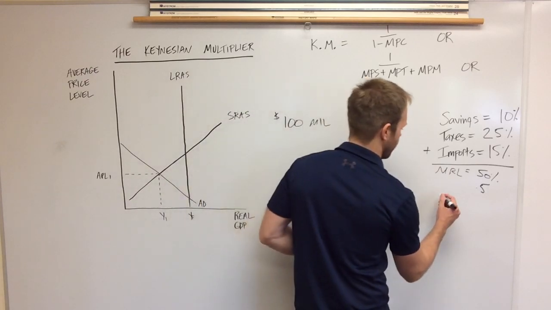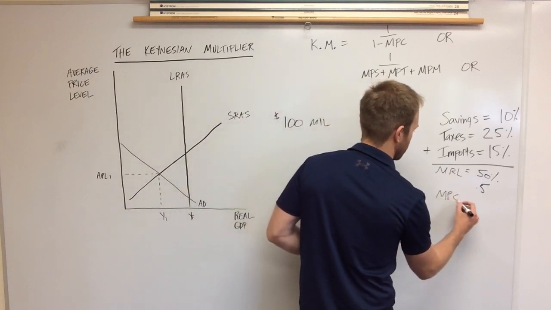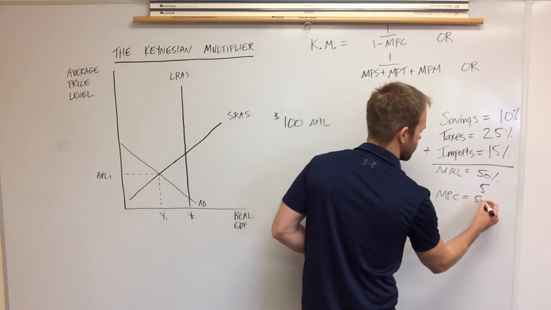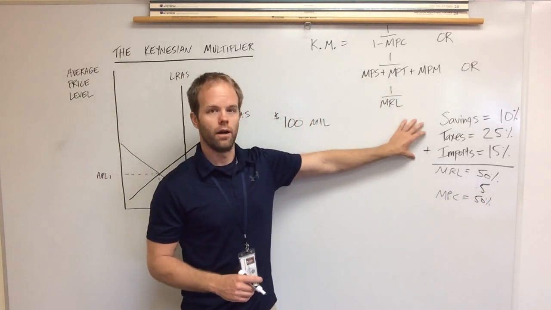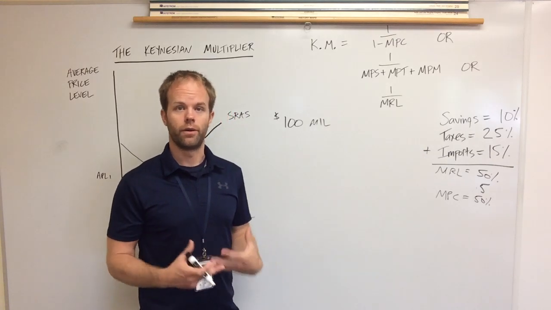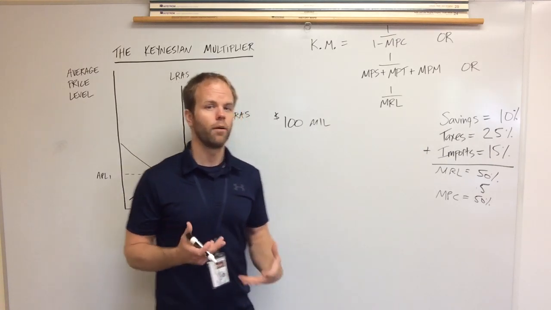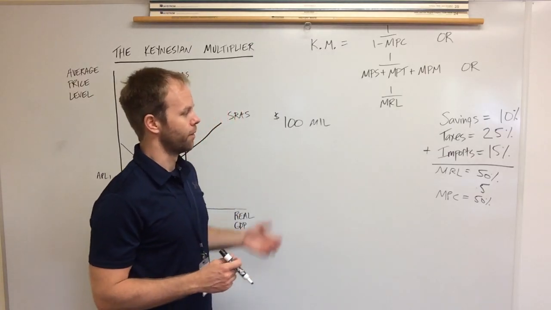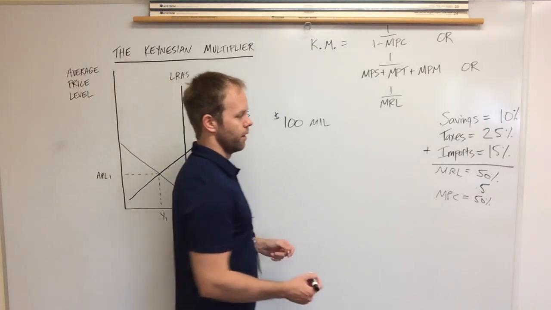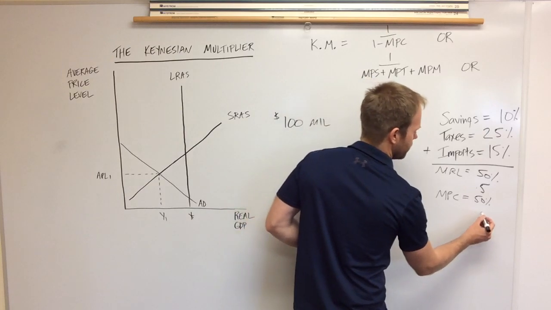So in this case, the MPC is also 50%. Obviously, that would not be the case if we played around with these rates of leakages here. I would encourage you, after this video is done, to play around with those and see how it affects the value of the multiplier. So we also have a marginal propensity to consume of 0.5.